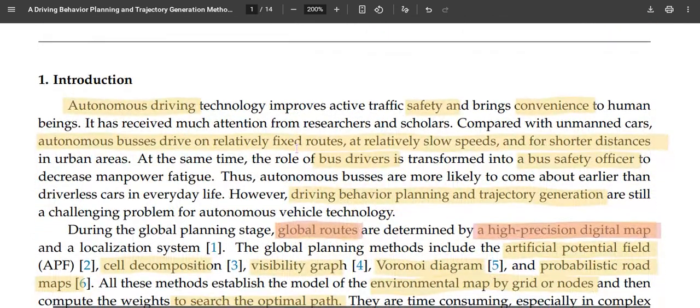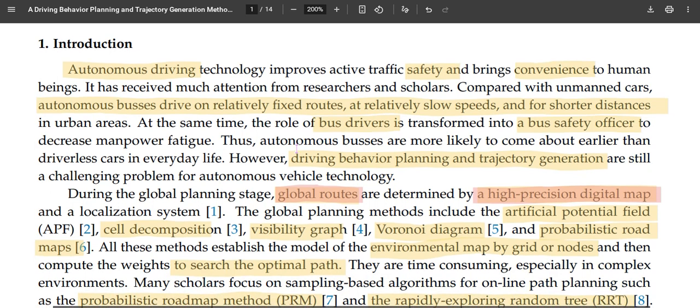So autonomous driving has given safety and convenience to human beings. There is no doubt in that. And compared to self-driving cars, which are a little bit complex, building an autonomous bus seems to be relatively simple, for the reason that it has a fixed route, the speed is low compared to cars, and it also covers short distances within urban areas.